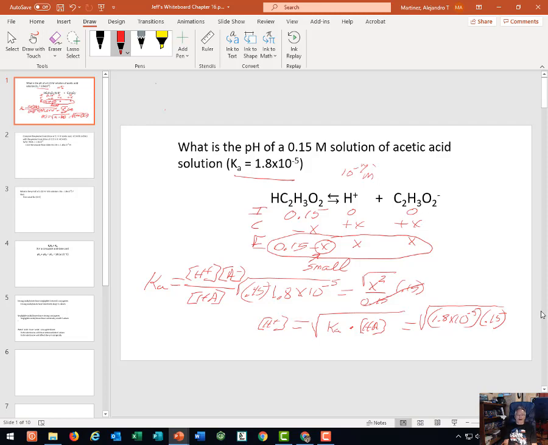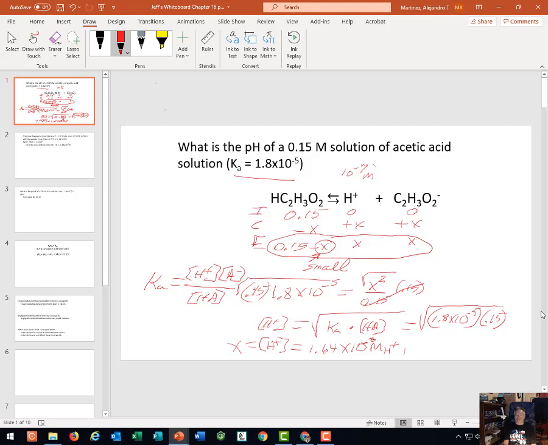When I solve that, I get x, which is equal to the hydrogen ion concentration. Remember, this is just x that we're solving for. And that's going to equal 1.64 times 10 to the minus 3 molar in hydrogen ion.